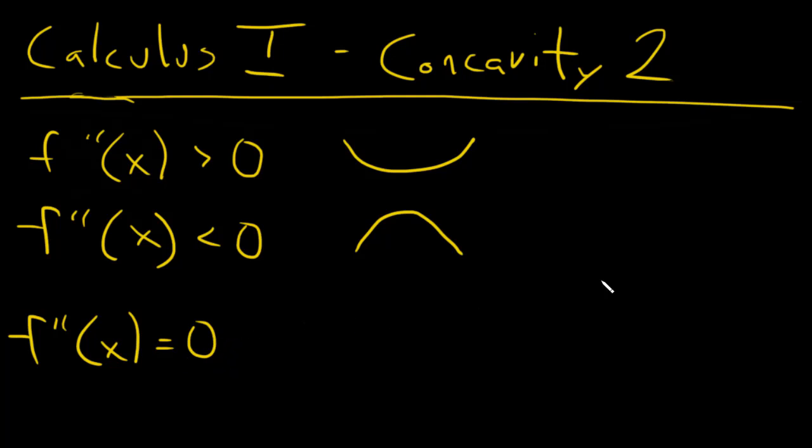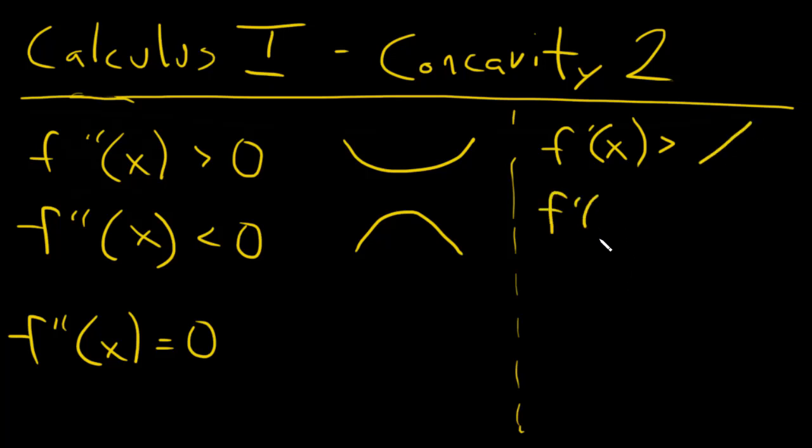When f prime of x is greater than 0, we have a slope that's heading up. When f prime of x is less than 0, we have a slope that's going down. And then if f prime of x equals 0, what do we have?